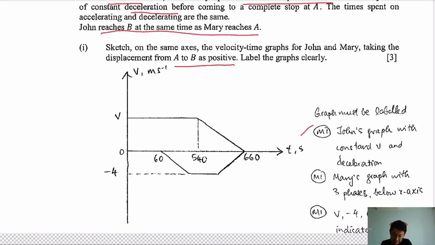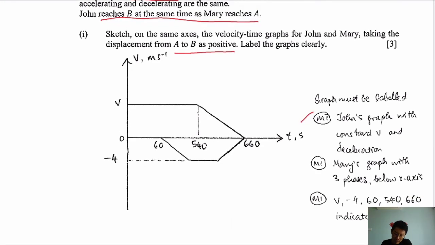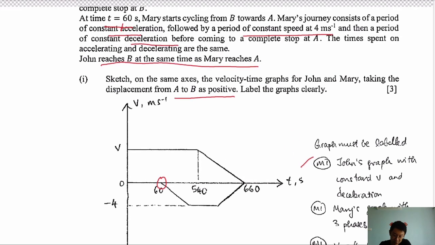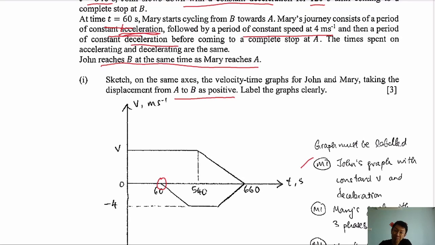For the graph for Mary, Mary starts from V equal to 0 at t equal to 60 second, and then she will speed up. There is a constant acceleration in the first part for Mary. But in this case everything becomes negative because she is moving in the opposite direction.